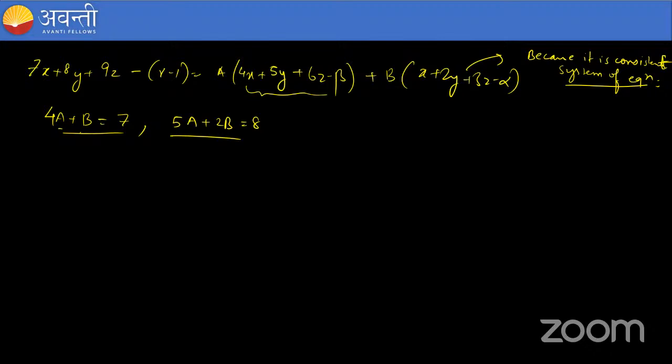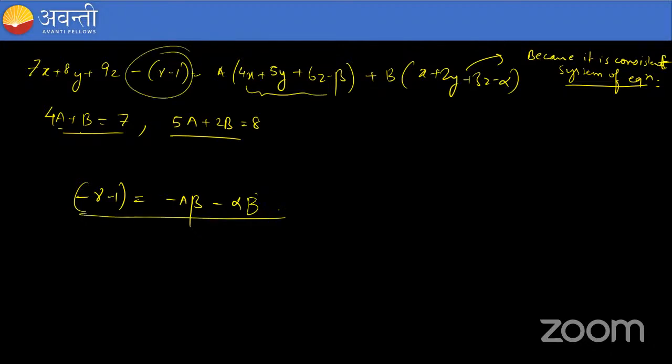So from here, can I say that minus gamma minus 1 will be equal to minus a times beta minus alpha times b, right? I have compared the constants.